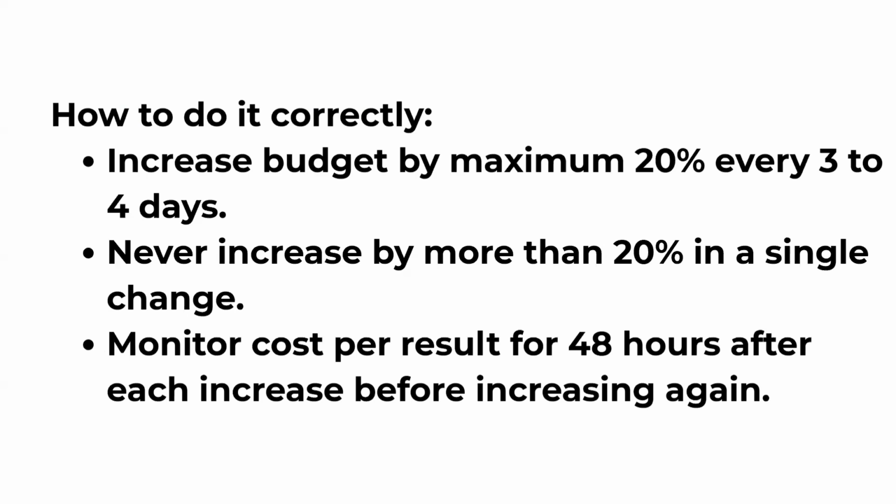So let's say for instance, your budget is 5,000 and you want to increase it by 20%. That means when you go into your ad manager, you are going to put 1,000 naira there.